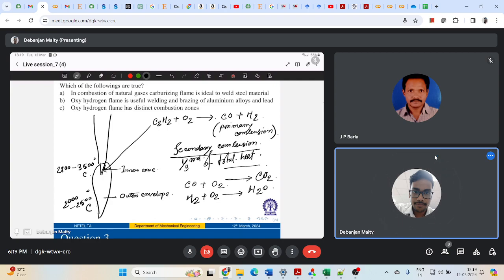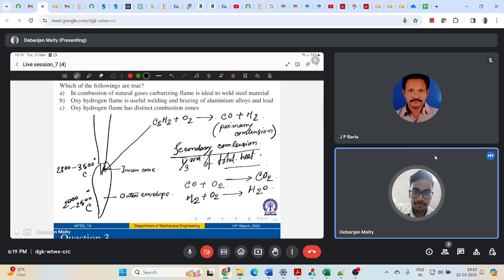We also call it a carbonizing flame, right? Because excess oxygen can oxidize carbon and form carbon monoxide gas, and porosity can form. Because of those things, people use this reducing flame for high carbon steels.